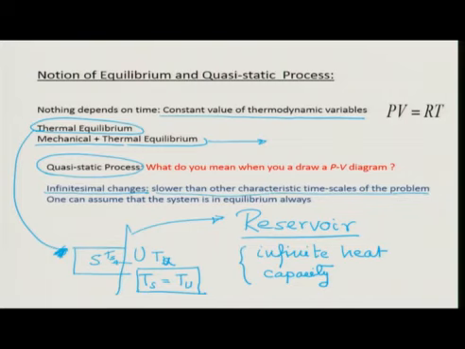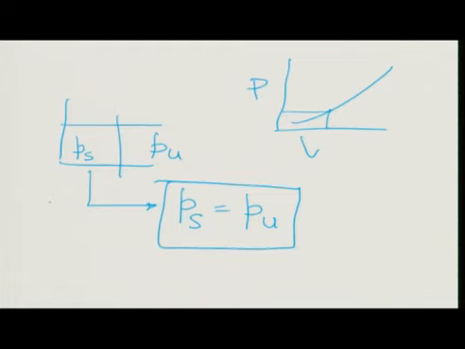Okay? Any other characteristic time scale of the problem, which is very slow. More importantly, I am making a change, but every instant I can assume that system is in equilibrium. So, this is a quasi-static process.